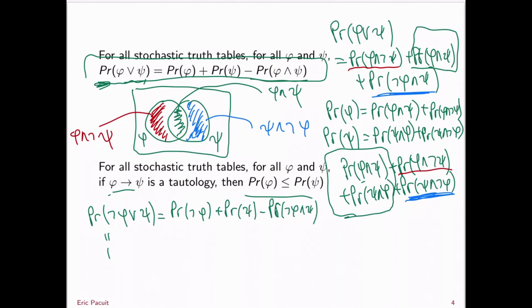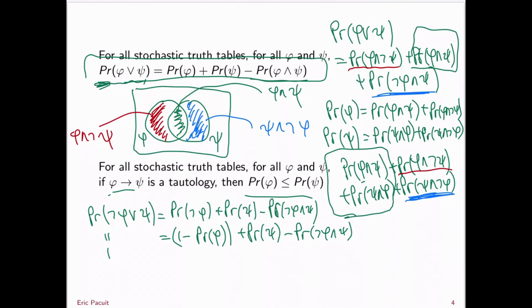Now, the probability of not phi is going to be 1 minus the probability of phi, plus the probability of psi, minus the probability of not phi and psi. So we get 1 equals 1 minus the probability of phi plus the probability of psi minus the probability of not phi and psi.